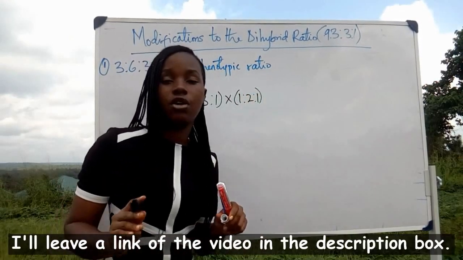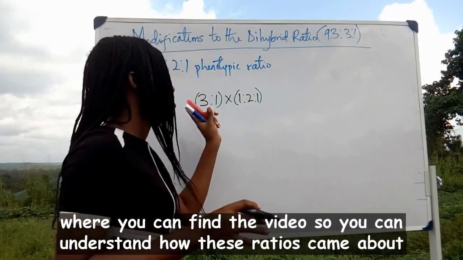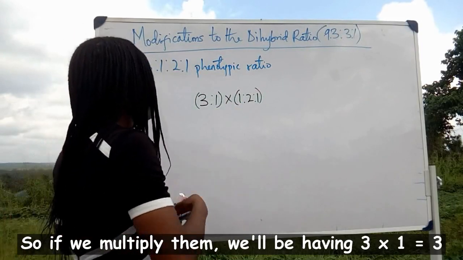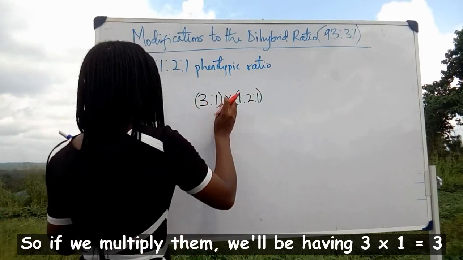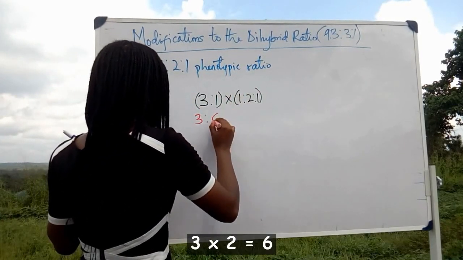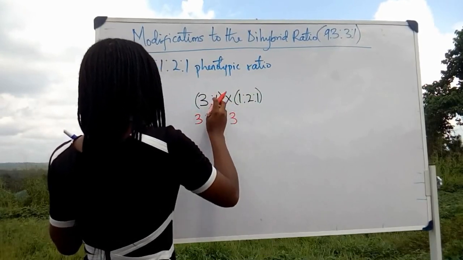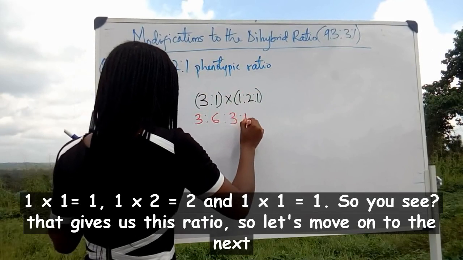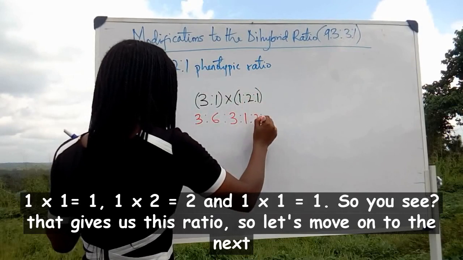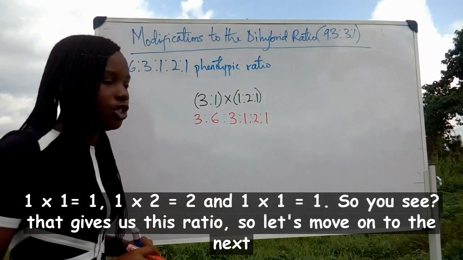I'll leave a link of the video in the description box where you can find the video so you can understand how these ratios came about. So if we multiply them, we'll be having 3 times 1, 3, 3 times 2, 6, 3 times 1, 3, 1 times 1, 1, 1 times 2, 2, and 1 times 1, 1. So, see, that gives us this ratio.